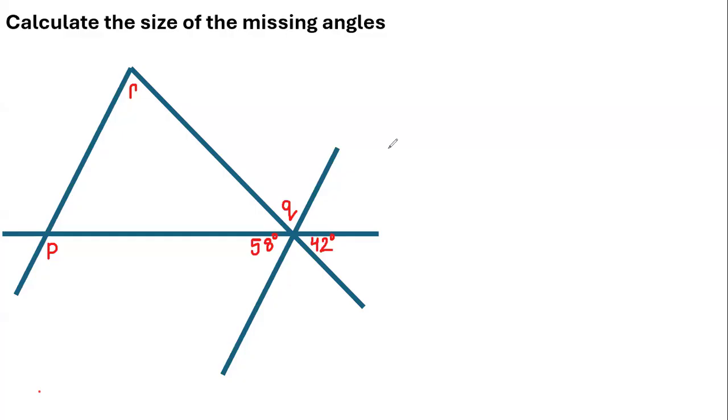That's good. All right, so what we need to do is figure out, let's start off with angle P. Mr. Petit, I think I know what P is.